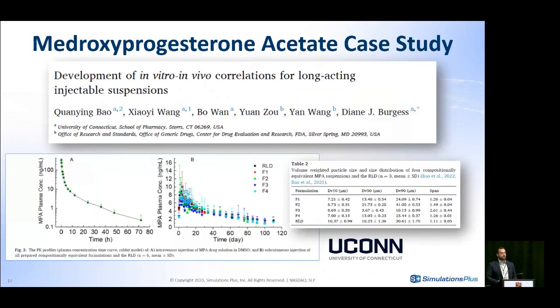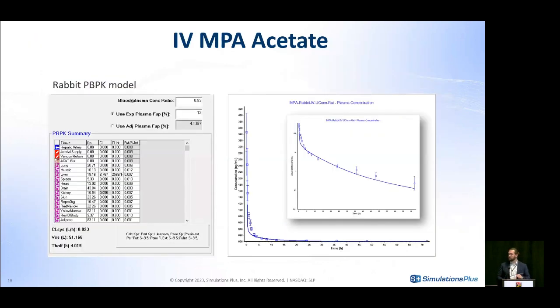What we started with is actually a set of data that was already produced by Dr. Burgess and his labs, and our labs, looking at one reference listed drug for MPA LAI suspension, and 4 formulation variants. And we also had IV data for this drug product in rabbits. The first thing we had to do is to make sure the IV data were well predicted.